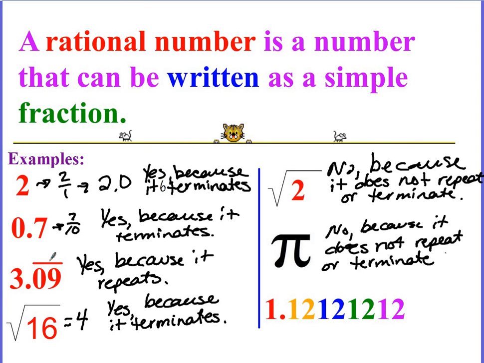Now here, even though we don't have the repeating symbol on top, you can see that it goes 1, 2, 1, 2, 1, 2. The dots here tell us that it continues in that pattern. So we can say, yes, this is rational because it repeats.